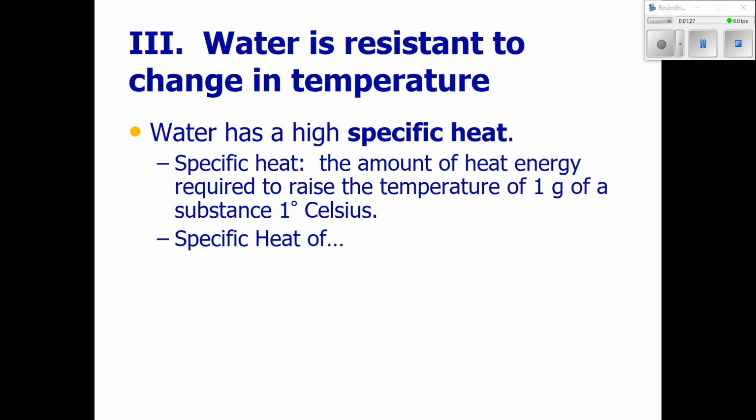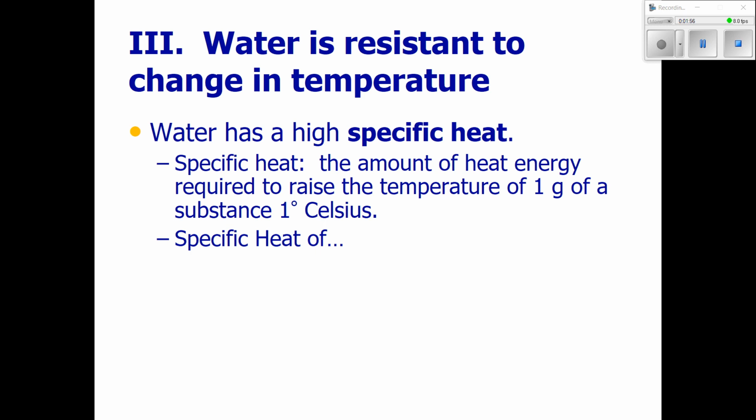Water is very slow to heat up compared to other chemical compounds, and water is very slow to cool down compared to other substances which lose their heat much more rapidly. So water tends to stay at a relatively constant temperature, especially a large body of water. Obviously, the larger the body of water, the more likely we are to really see this property.